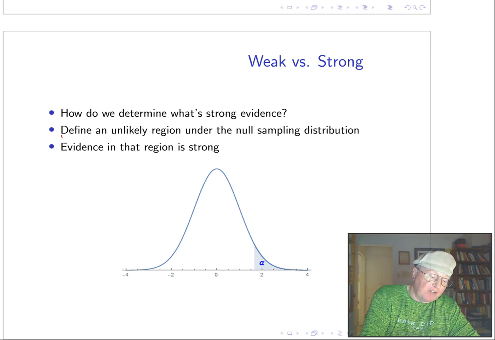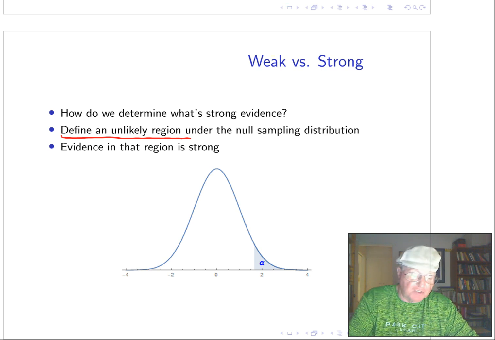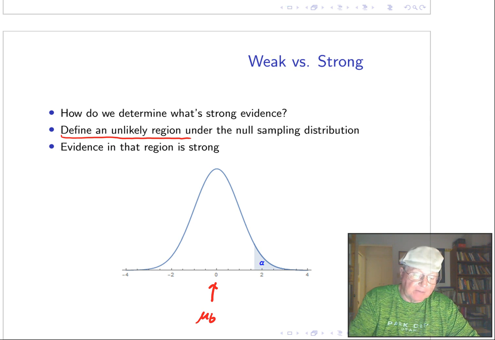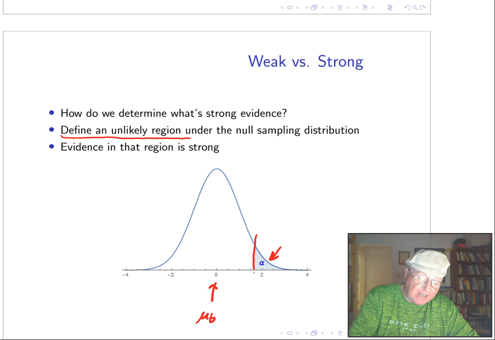We're going to define an unlikely region under the null distribution. All right? And so, for instance, if we think the null is right here, then we want an unlikely region, and we'll say this region is unlikely, and we'll define it by something called a critical value.